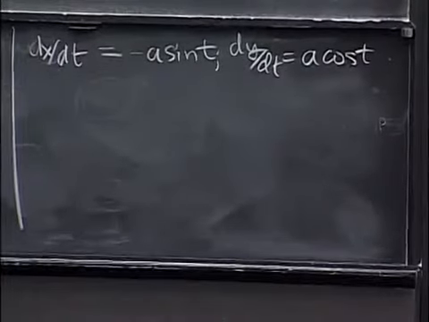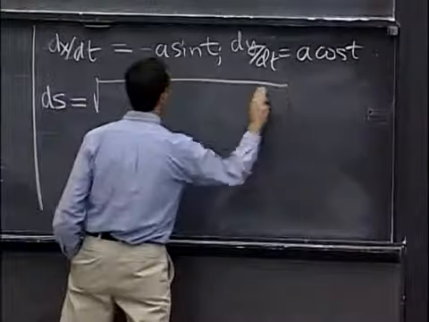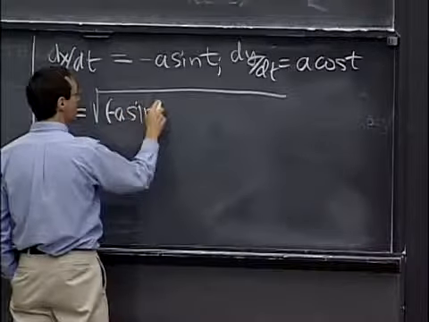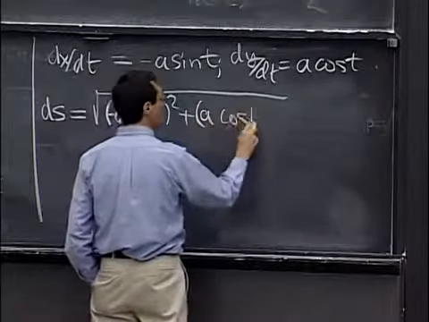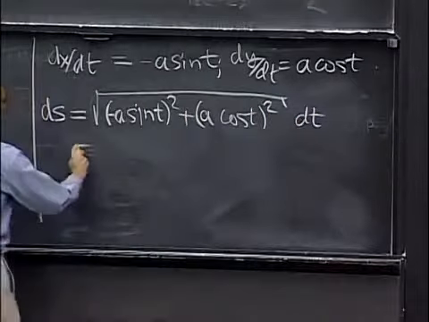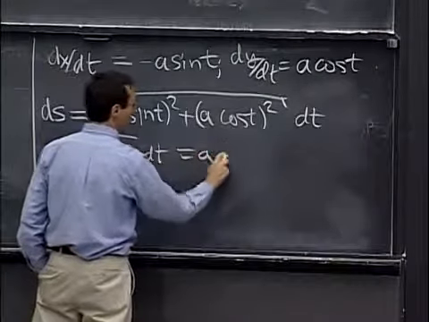And so I can plug this in, and I get the arc length element, which is the square root of minus a sine t squared plus a cosine t squared dt, which just becomes the square root of a squared dt, or a dt.